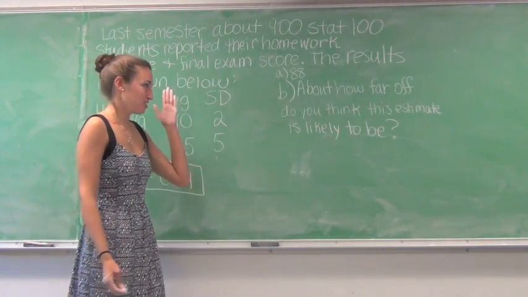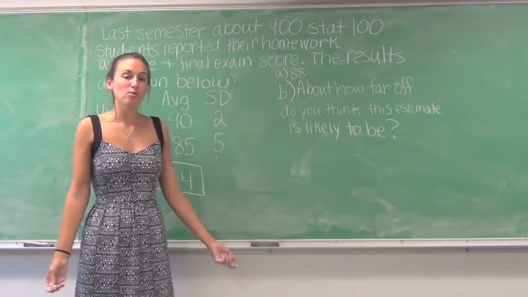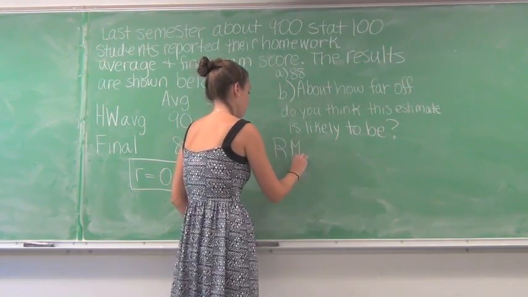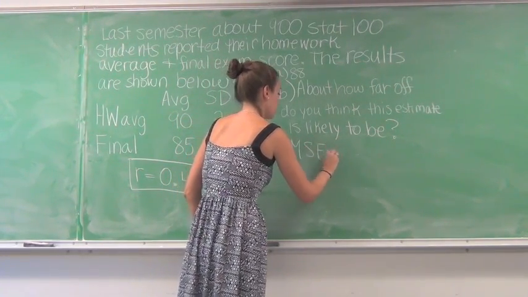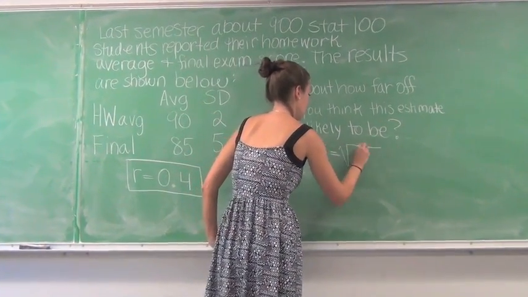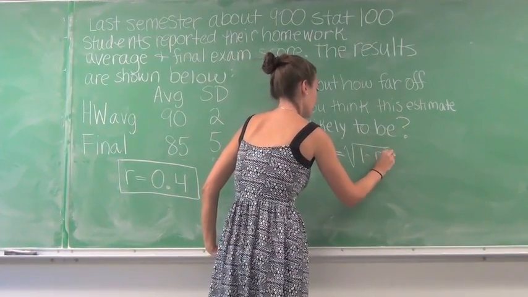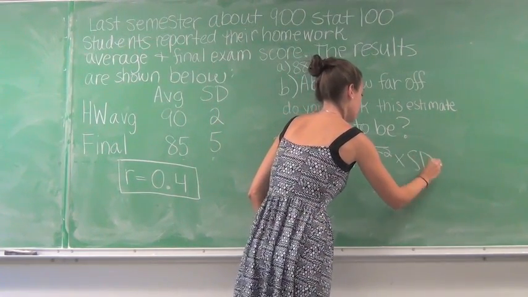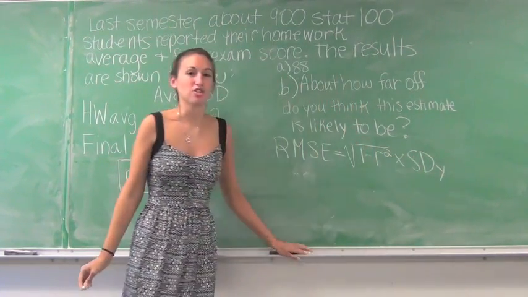Well, instead of actually going through and calculating that, we can just use the formula that was shown before, that the root mean squared error was equal to 1 minus r squared, all under the square root, times your standard deviation of the y.